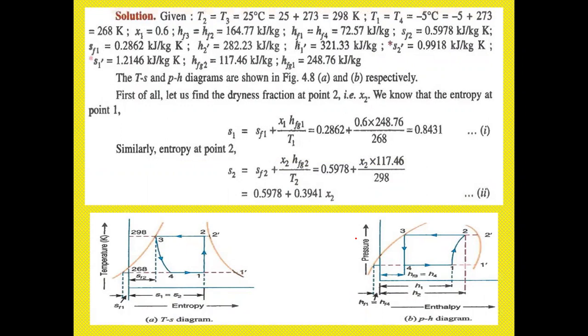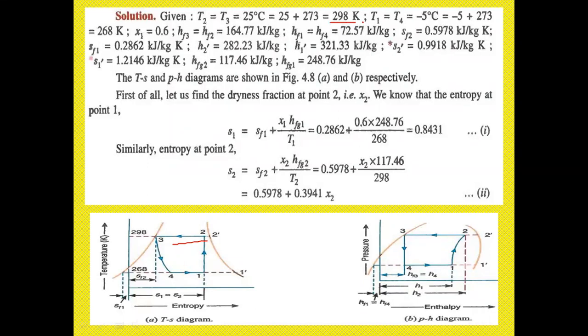So you have to think in mind about the graph of temperature versus pressure, the enthalpy and entropy. See the graph in mind. The temperature T1, T4, the temperature T2, T3. T2, T3 is 25 plus 273, that is equal to 298.